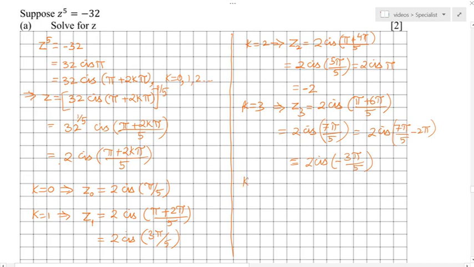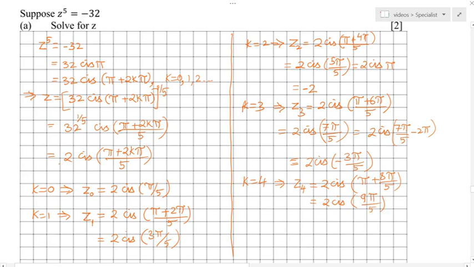The last root is k equals 4, which I call z4: 2 cis of (pi plus 8 pi) over 5, which becomes 2 cis 9 pi over 5.